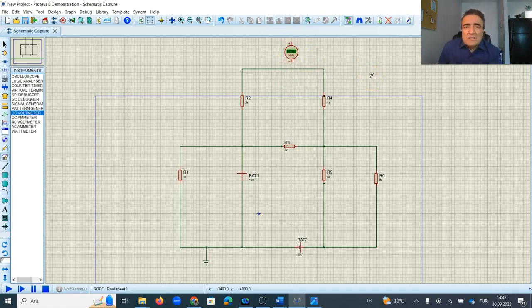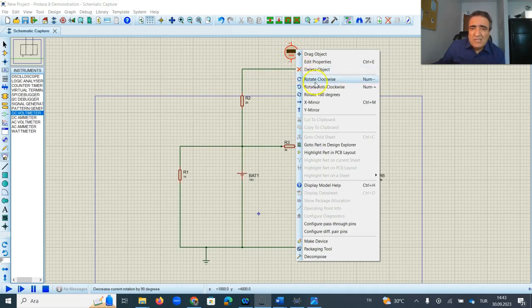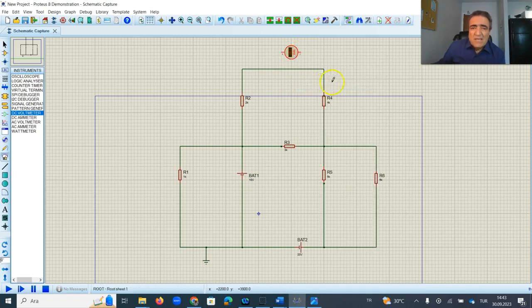I told you the voltmeter cannot be used vertically. I tried to use it vertically, but I could not succeed. Therefore, I am changing the position, rotating it anti-clockwise, and now I am connecting to the V out. V out is here. Okay, here, connection. And then here.